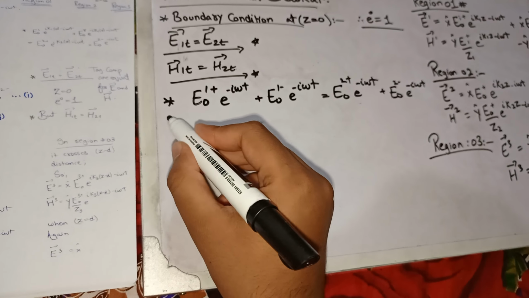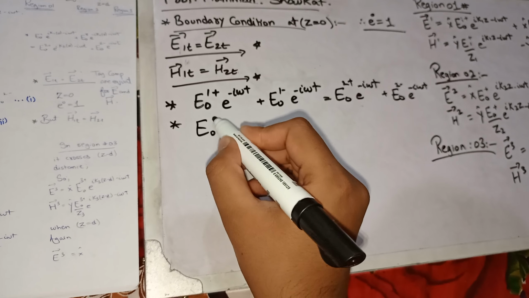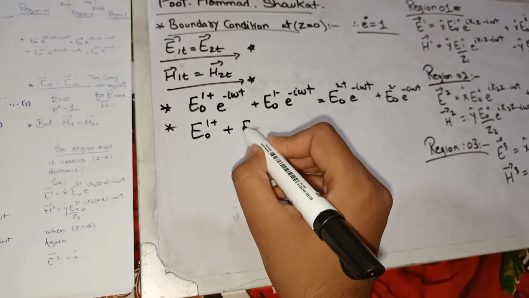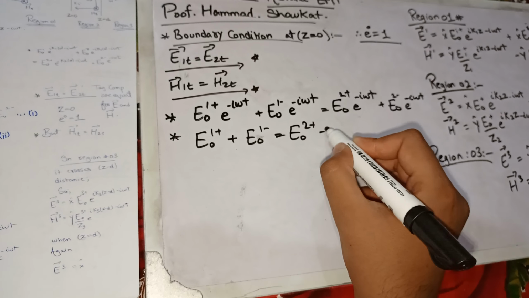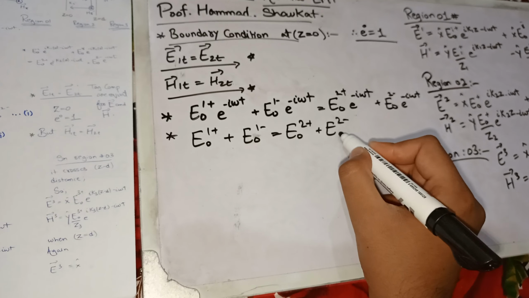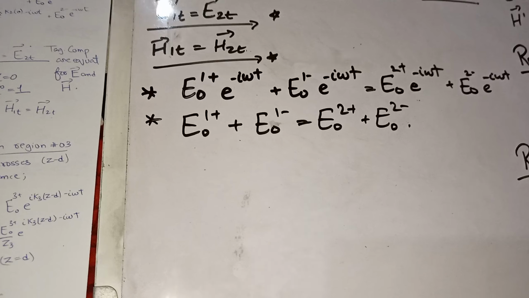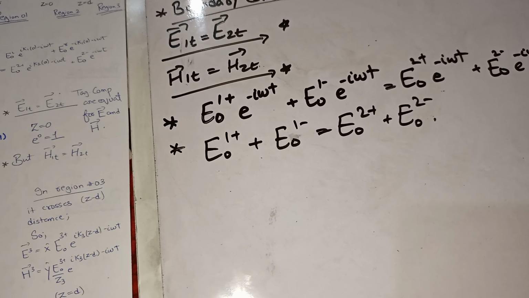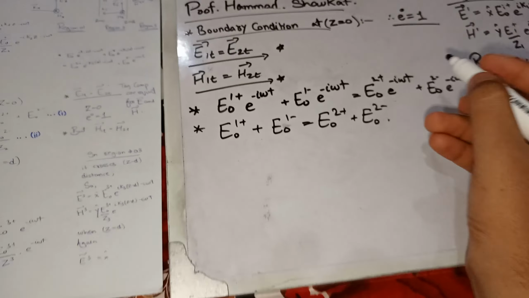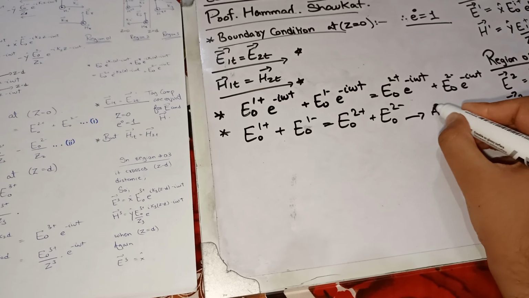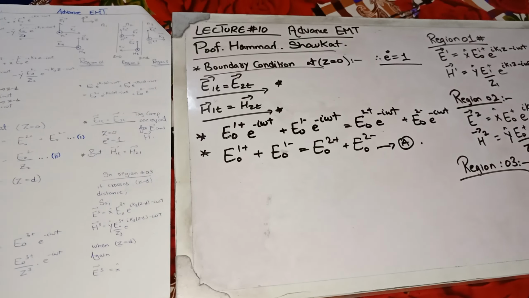So you will only be left with e naught 1 plus e naught 1 minus equals e naught 2 plus e naught 2 minus. This is your final equation while applying the boundary condition, so you can name it equation A.